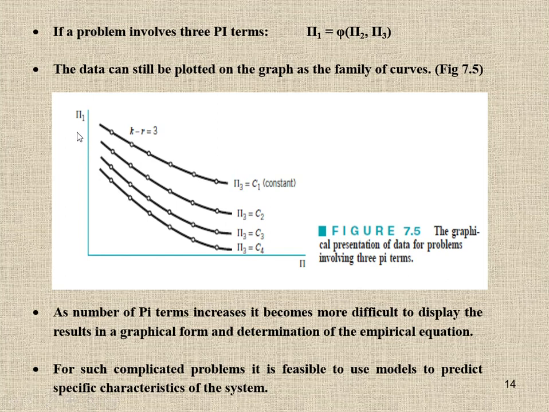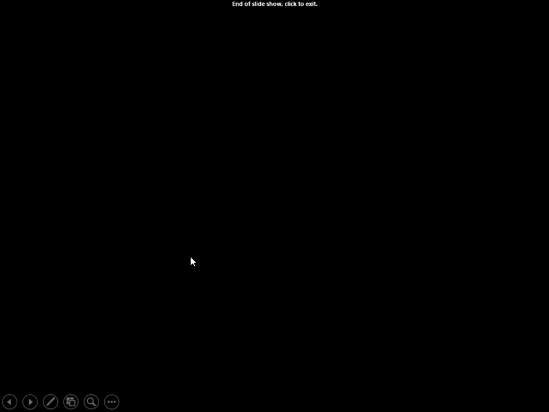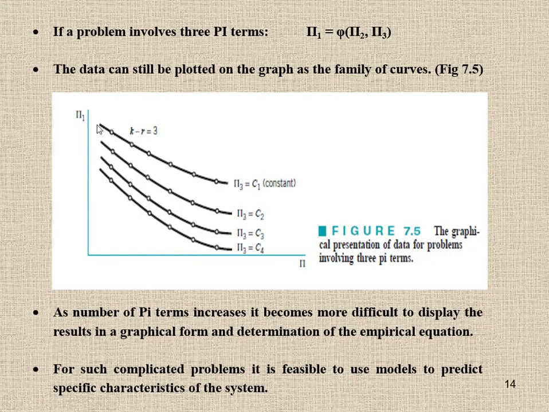In x and y we have considered pi 1 and pi 2, and we are varying pi 3. Pi 3 we consider a constant, and then we vary pi 1 and pi 2. Then pi 3 we change again to another constant, and we vary pi 1 and pi 2 again. In that case we have a combination of pi 1, pi 2 and pi 3, and the best example of this case is the Moody chart.